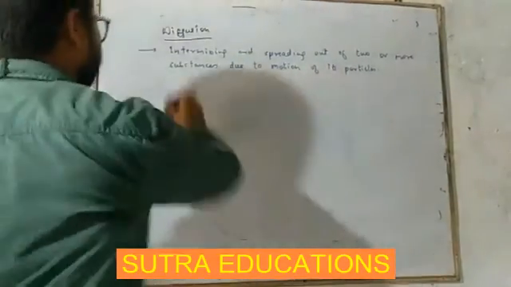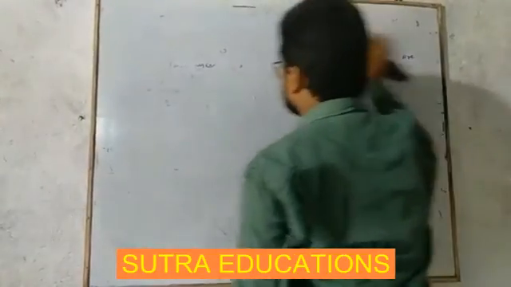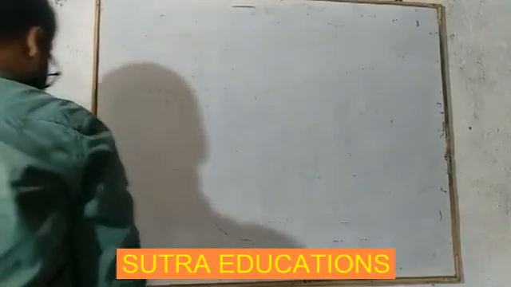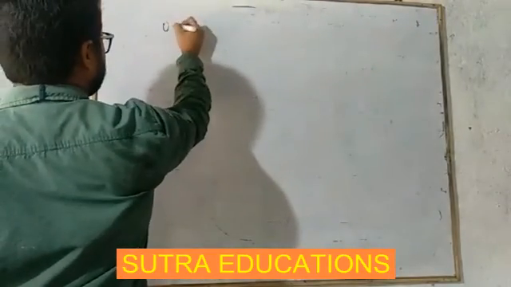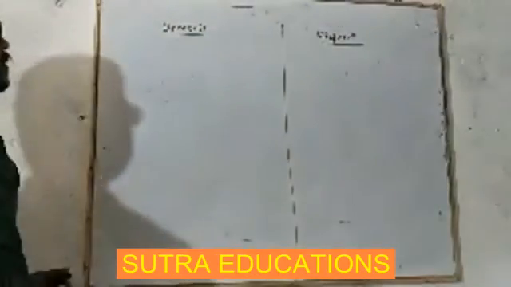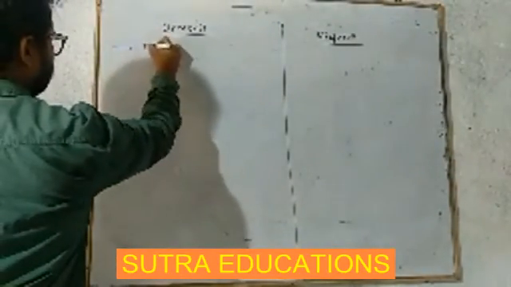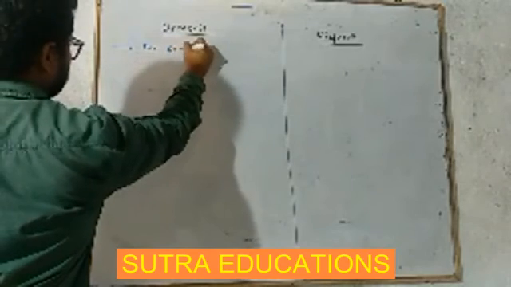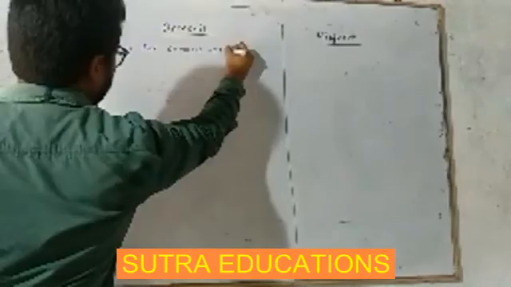So write osmosis and diffusion. This side it is osmosis. For osmosis, SPM is required. A semi-permeable membrane is required.